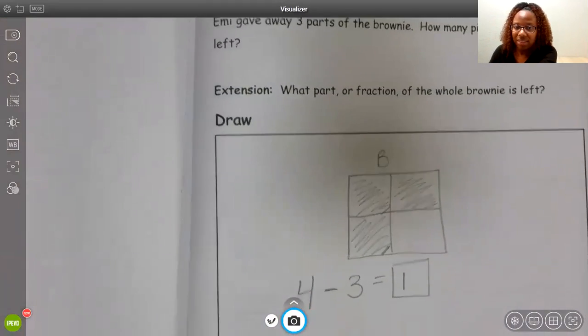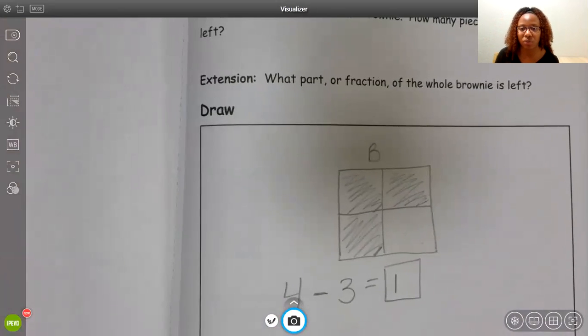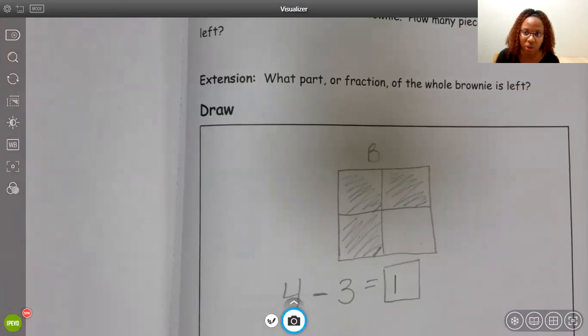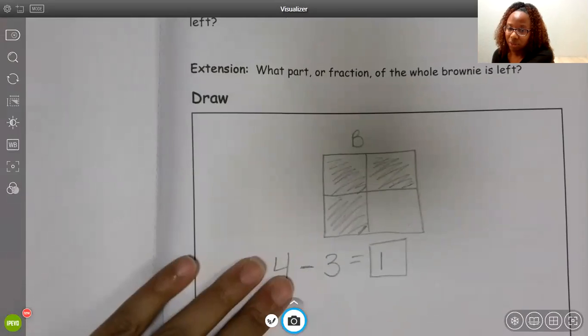Now, if you want to do our extension, it says what part or fraction of the whole brownie is left. So what part or fraction? So I know that she originally had 4 pieces.